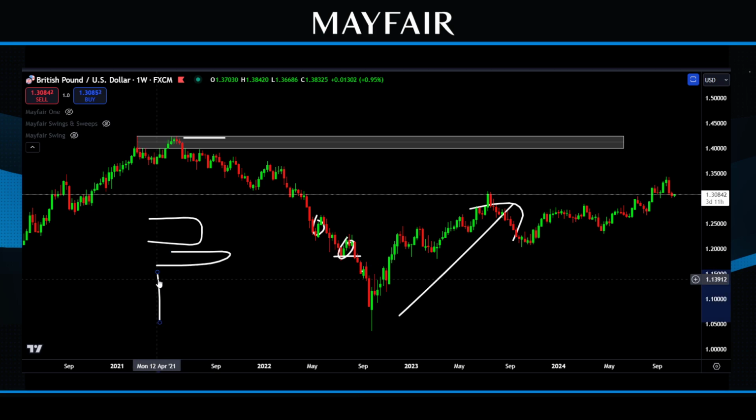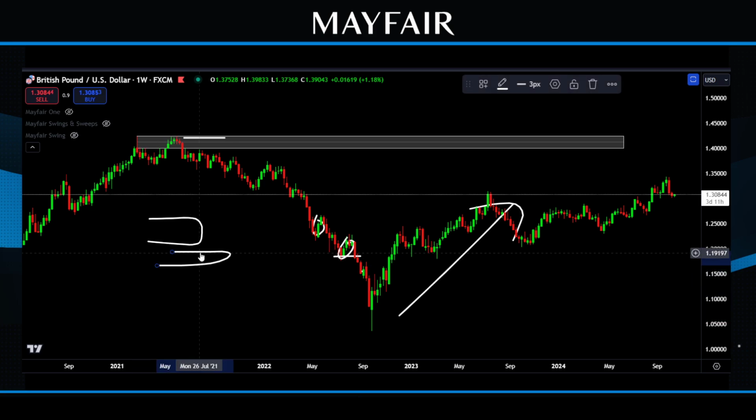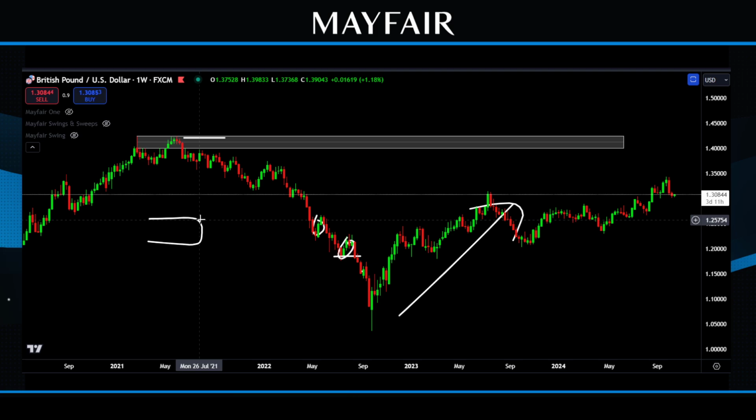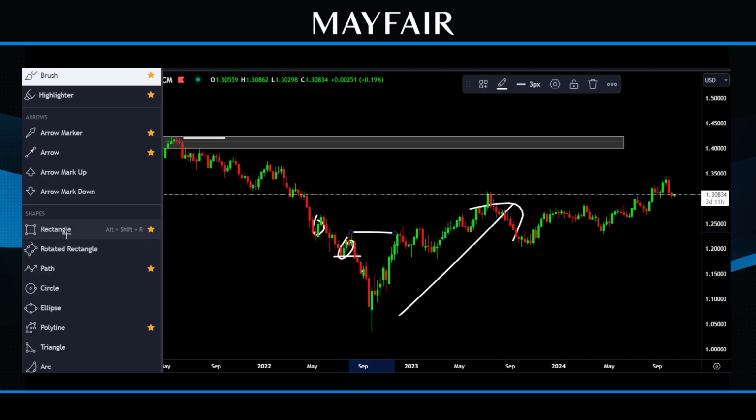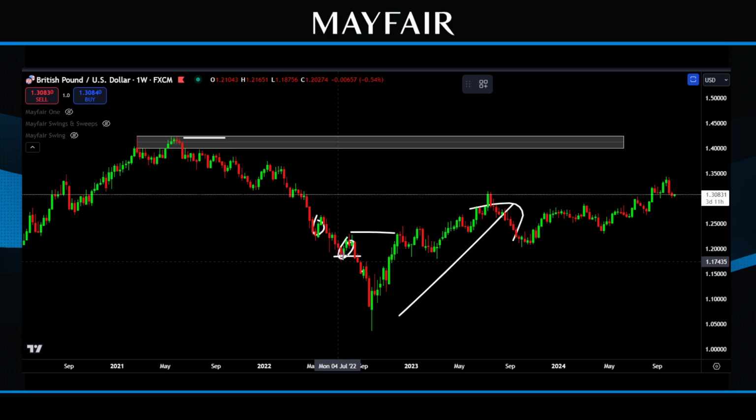What I can do is look at this and say to myself, the price breaks up and above this level. At this particular stage, I can look at the low to the high, and I can drag this out.